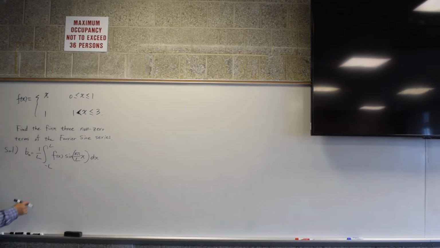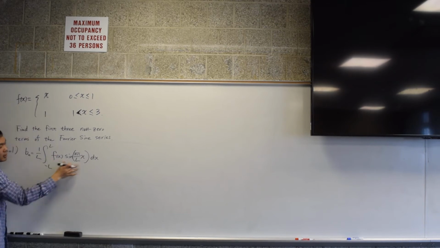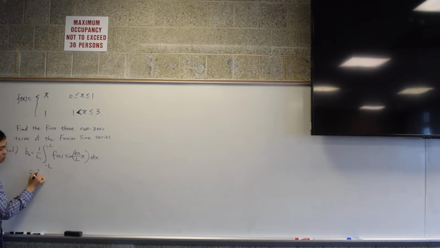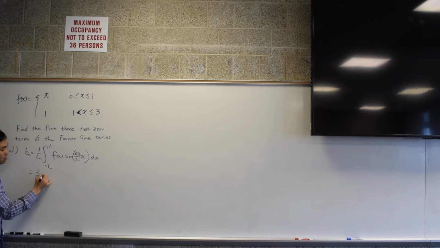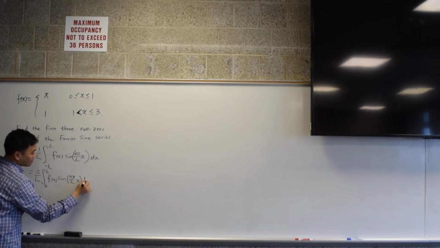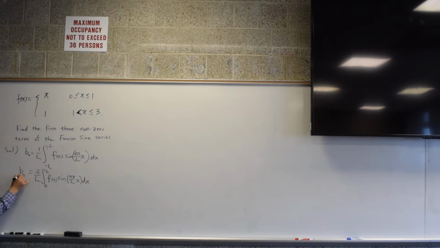But in our case, because f is an odd extension of the given function, and since sine is odd, odd times odd is even, and whenever you have an even function, you can always do this trick: 2 over L, integrate from 0 to L, f of x sine n pi over L x dx. Therefore, from now on, if you're ever asked to find a Fourier sine series, this is the formula you want to use.